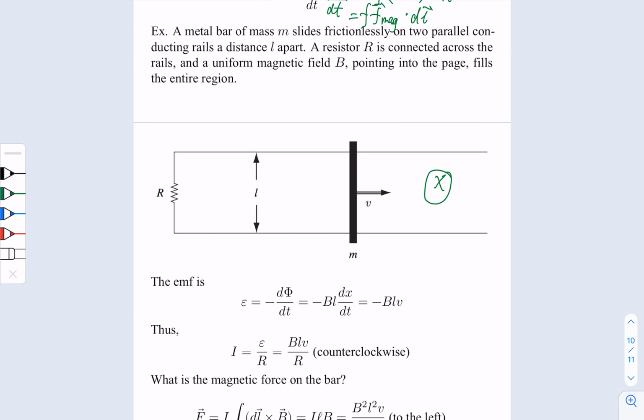Because there is an EMF and there is a resistor here, you can relate the EMF to a current.